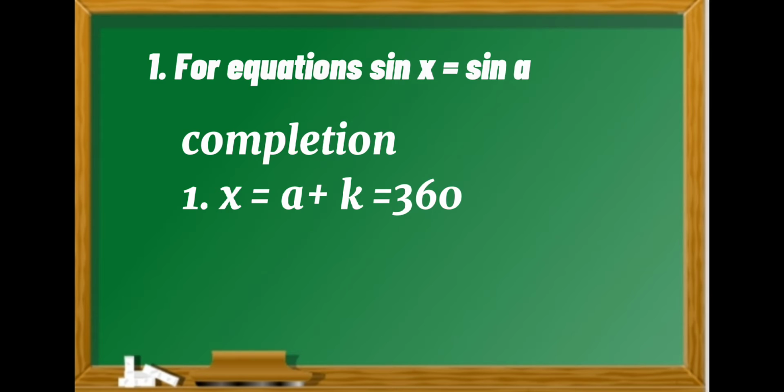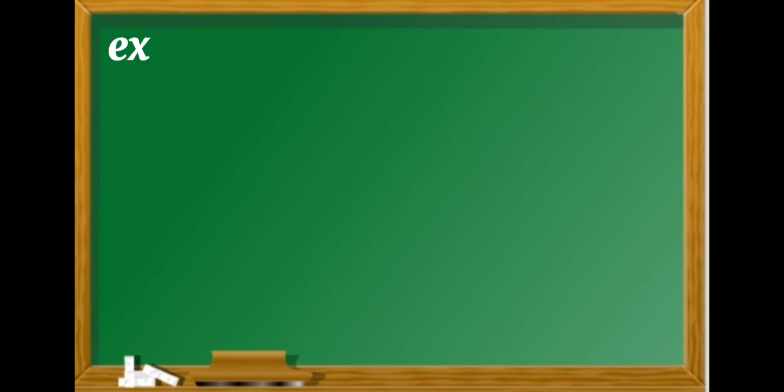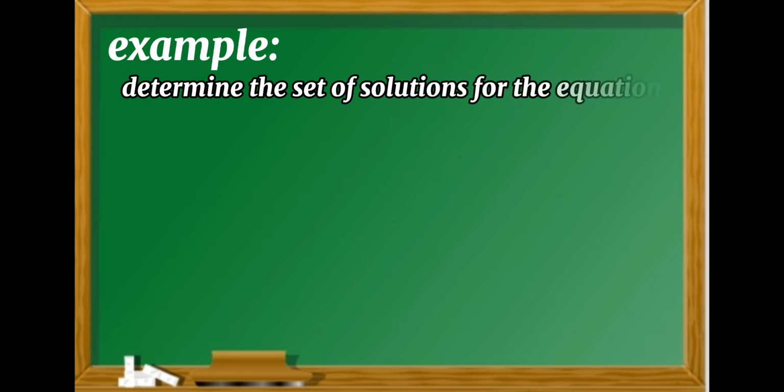The second formula is x equals 180 minus alpha plus k times 360 degrees. Here k is multiplied, so it's multiplication. Now these are the two formulas, so let's enter the example problem.